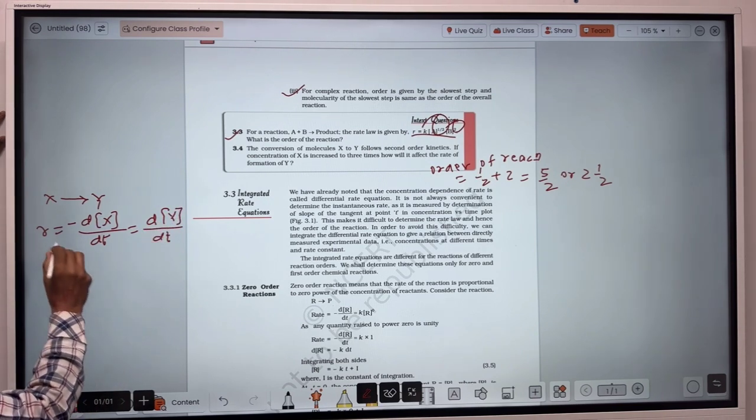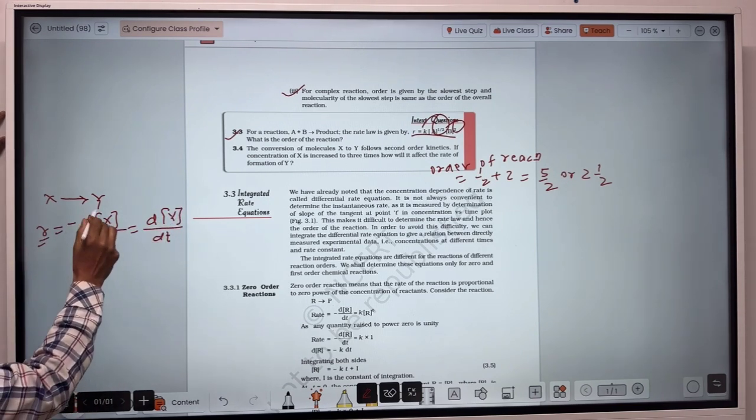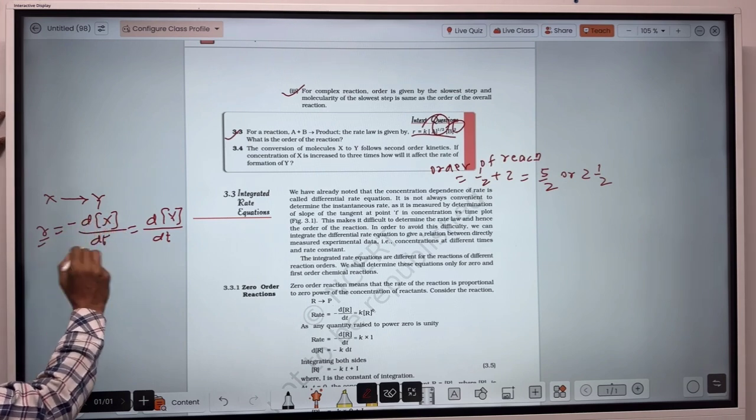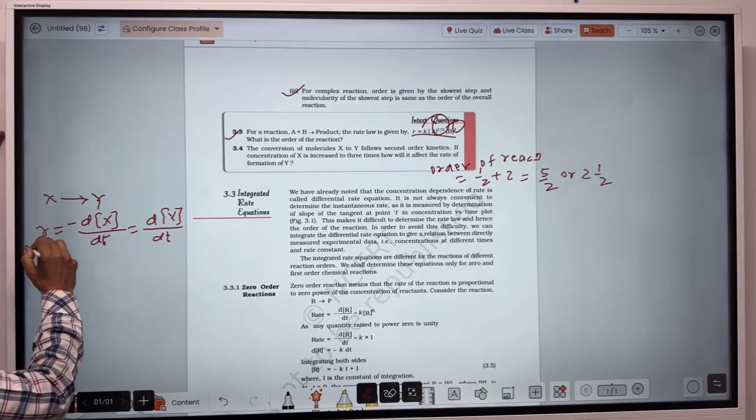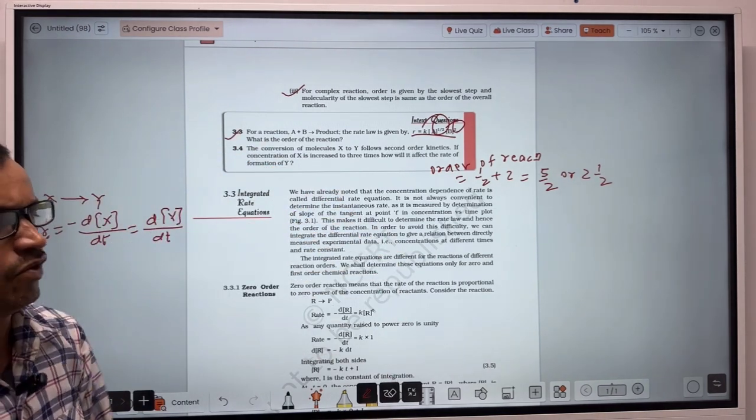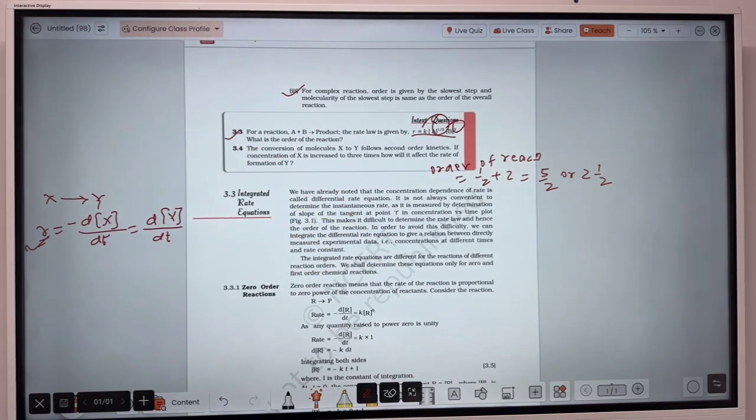That means the rate of reaction is equal to the rate of decomposition of X, and that is also equal to the rate of formation of Y. So indirectly, the question is asking that when the order of reaction is 2, then if the concentration of reactant X increases to 3 times, what will be the rate of reaction?